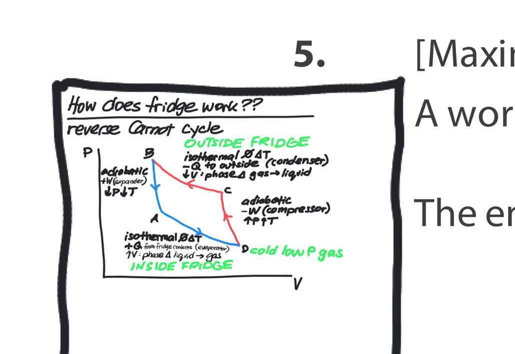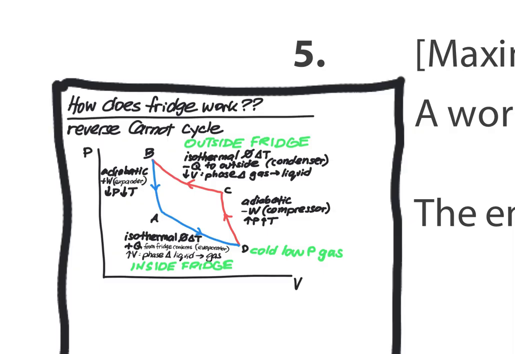And then looking at it from the point of view of the food, Q equals MC delta T. There's heat being pulled from the food and being put into the coolant as it evaporates from a liquid into a gas. So that heat is being pulled from the food. It's going to decrease the temperature of the food. So if the food was warm, it is now cooling down to the constant isothermal, constant temperature inside of the fridge.